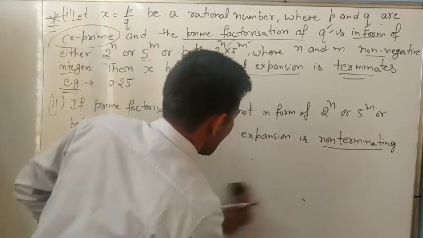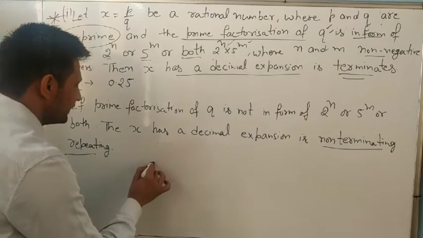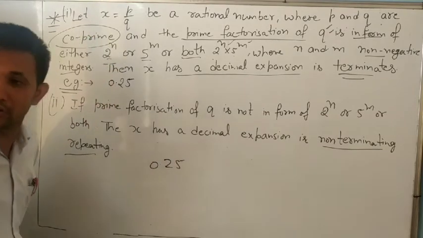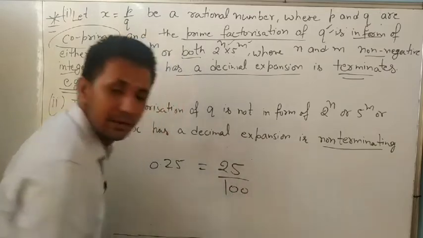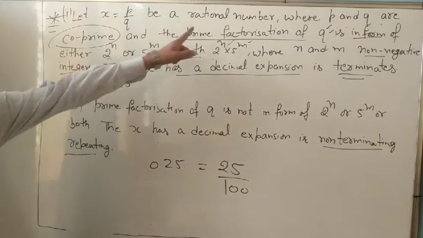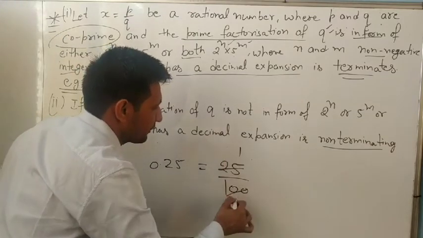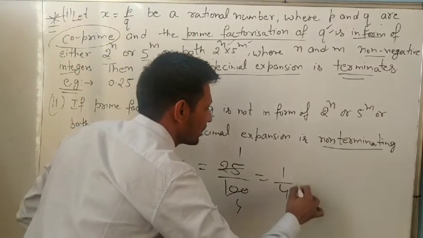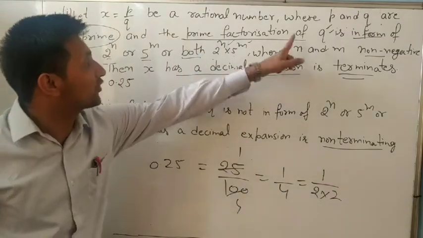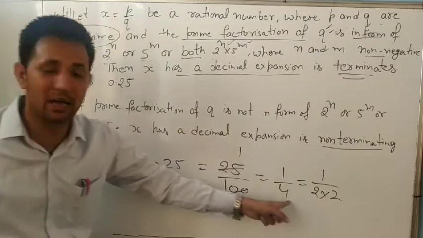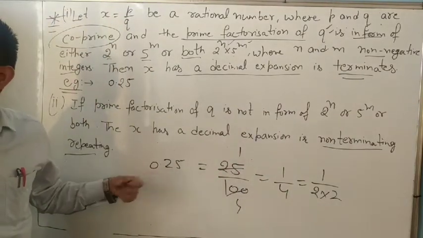One more. We know 0.25 is terminating, or not? Can you write 25 divided by 100? We always write in co-prime form. 25 divided by 25 is 1, 100 divided by 25 is 4, so 1 upon 4, and the prime factor of 4 is 2 into 2. It means the denominator q is in the form of a power of only 2, so it is terminating.